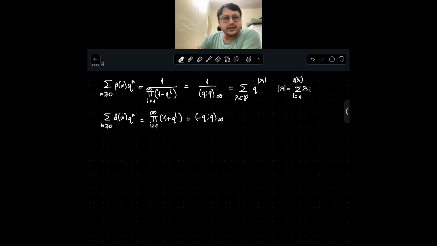And in particular, if lambda is a partition of n, then q raised to the power norm of lambda is going to be q raised to the power n only. So this equality is also another way of representing the generating function for partitions.